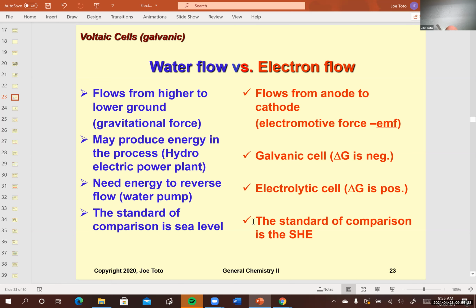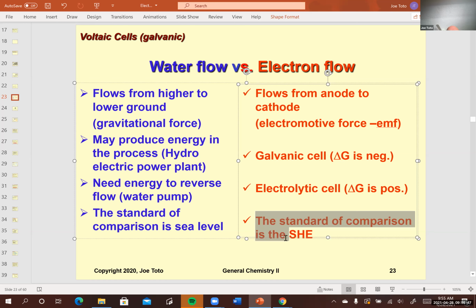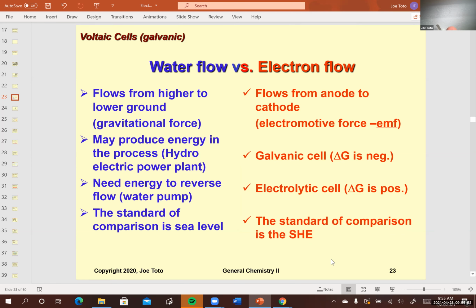And then from those values, we can tell the difference between the potential of any two half cells. And that's our voltmeter reading. That's a potential difference. So the half cell that is picked for electrochemistry is called the SHE. It's the standard hydrogen electrode.